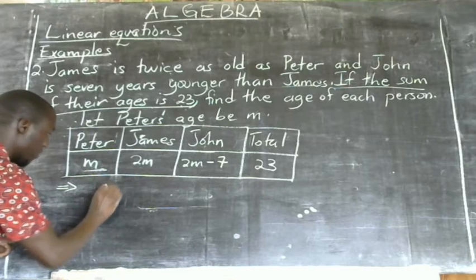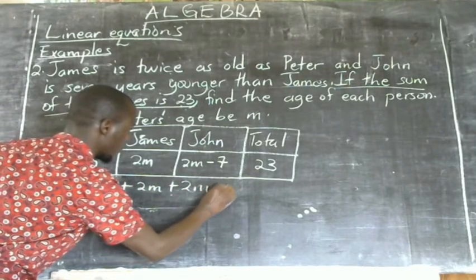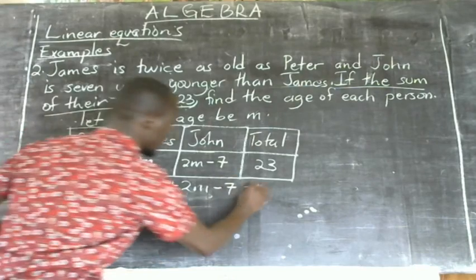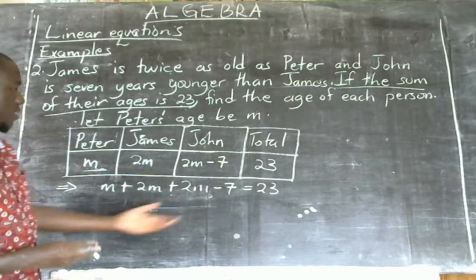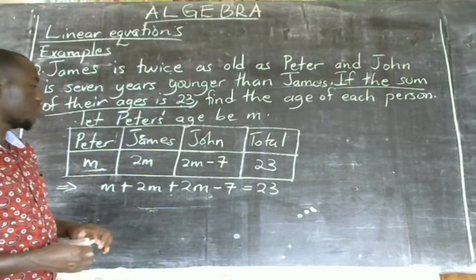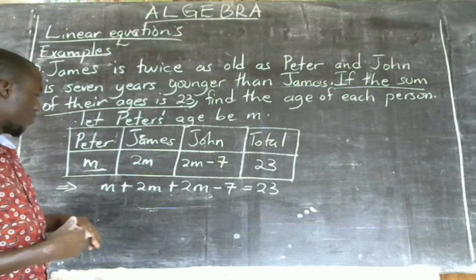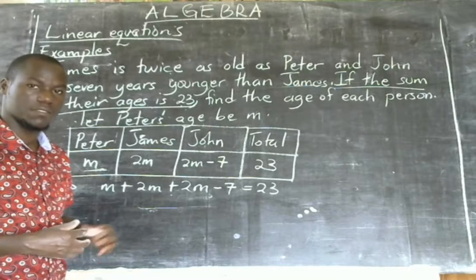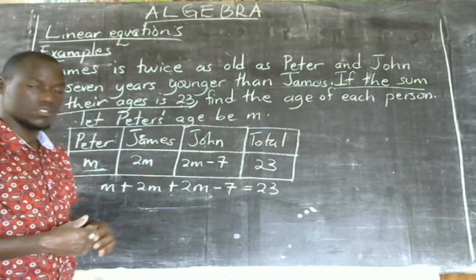So this gives me m plus 2m plus 2m minus 7, and this is equal to 23. You see, now I have formed a linear algebraic equation which I'm going to simplify and then find the value of m. Then thereafter I answer the question accordingly.